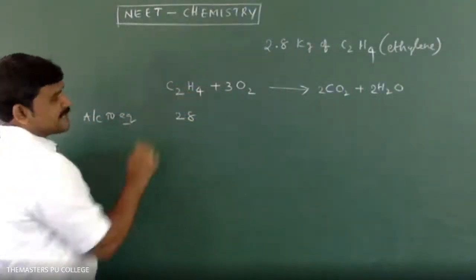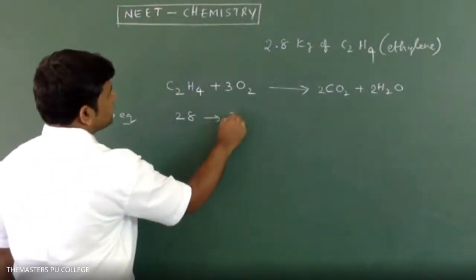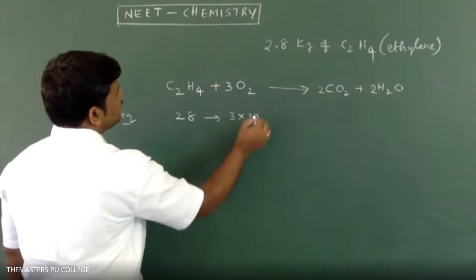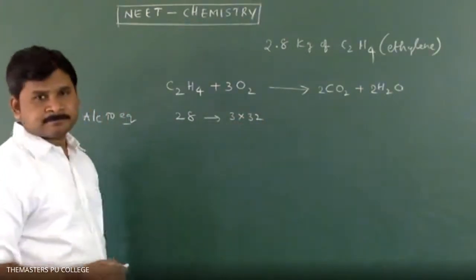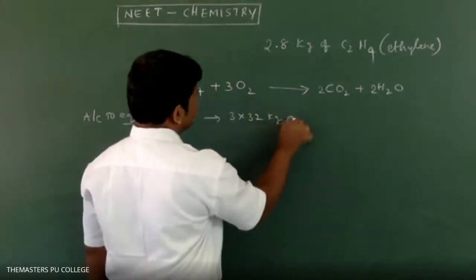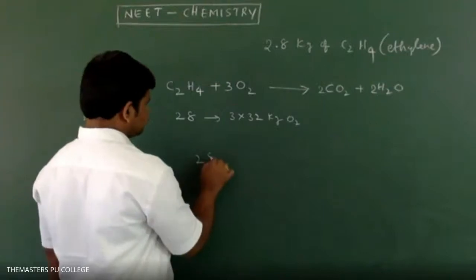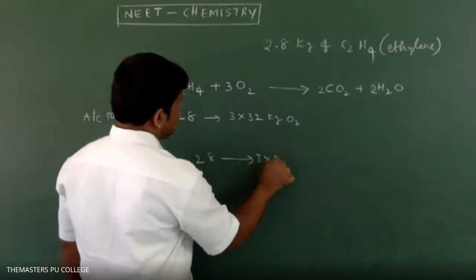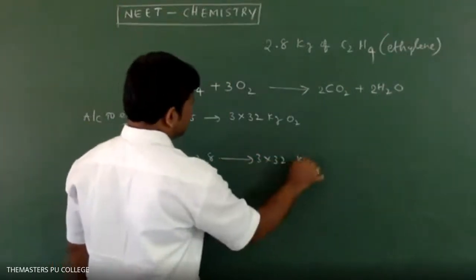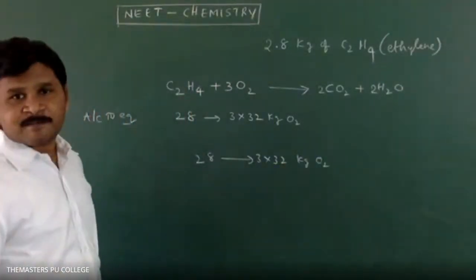28 is the molecular weight, so it is 28 kg. How much oxygen is required? 3 into 32 kg. 28 kg requires 3 into 32 kg of oxygen. How much C2H4 is given in the question? 2.8 kg.